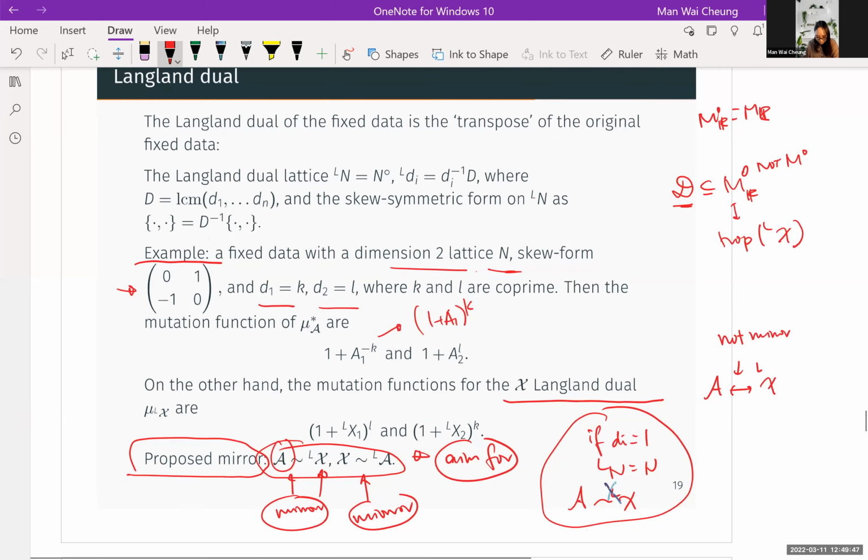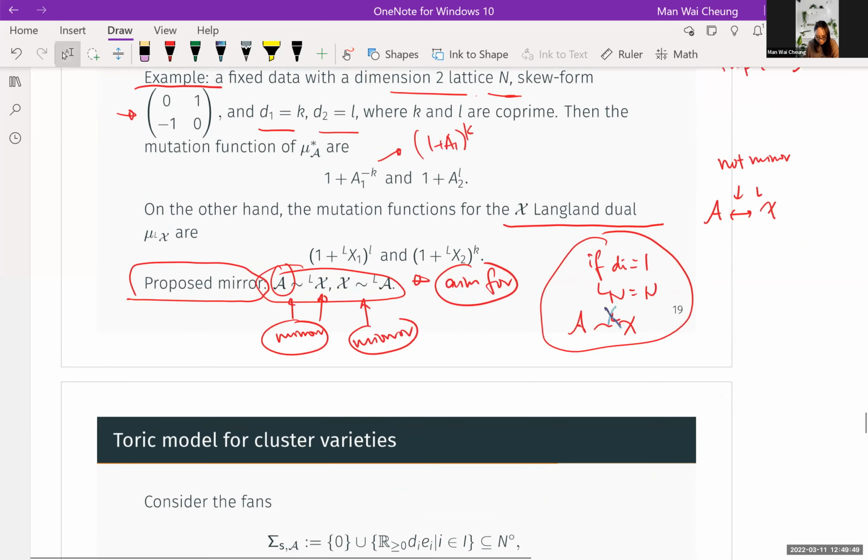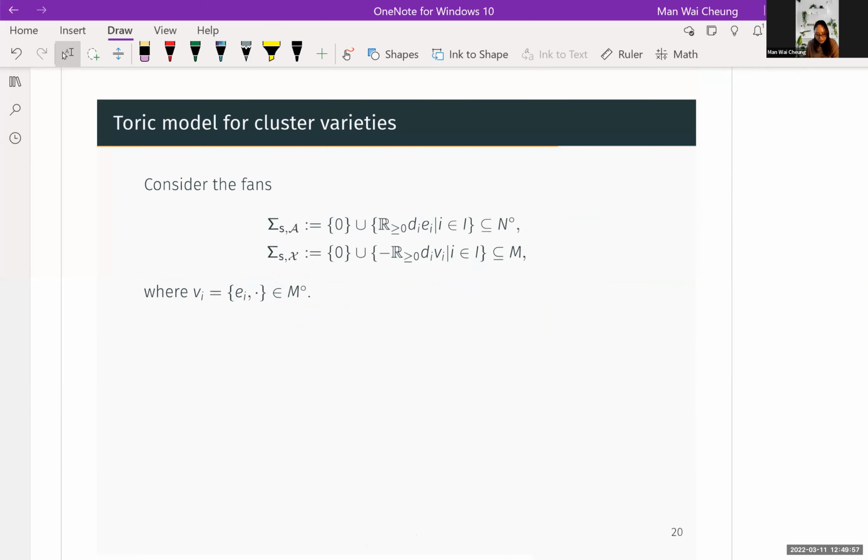So this is the cluster variety, and then we want to say how the cluster variety can be seen as a blow-up of a toric variety. So now we go back. Even though I have a lot of notation, I hope to convince you that I just keep on repeating the same thing in my talk.